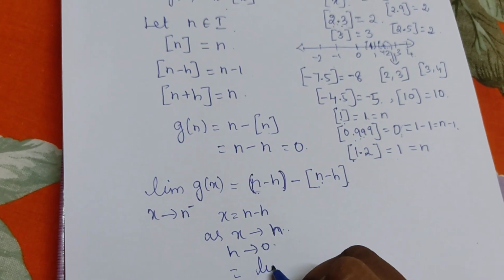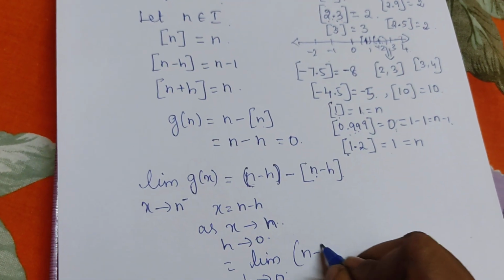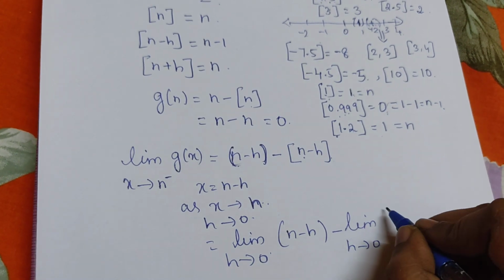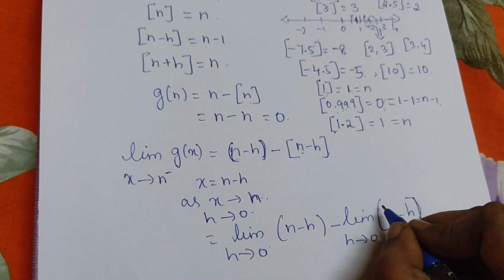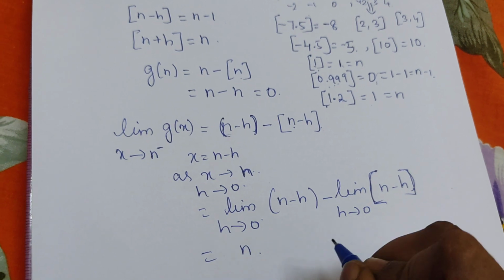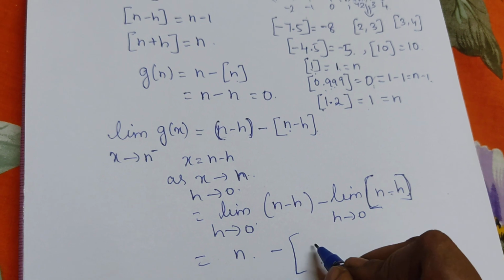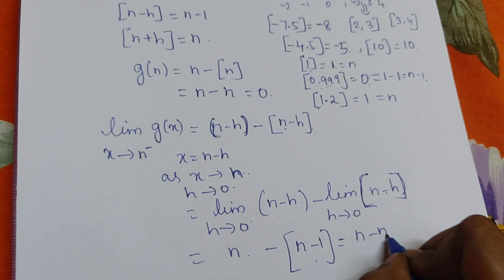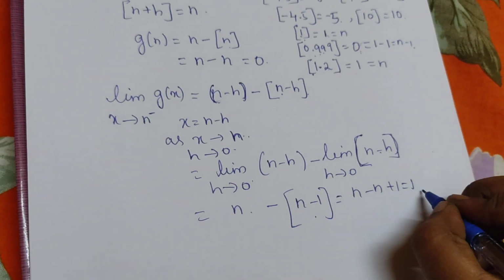So the limit as h tends to 0 of n minus h, minus the limit as h tends to 0 of the box of n minus h. Here we have the greatest integer function box. So we will have n minus, according to the definition, n minus 1. So we will get n minus n plus 1, which is 1. So the left hand limit of the function is 1.